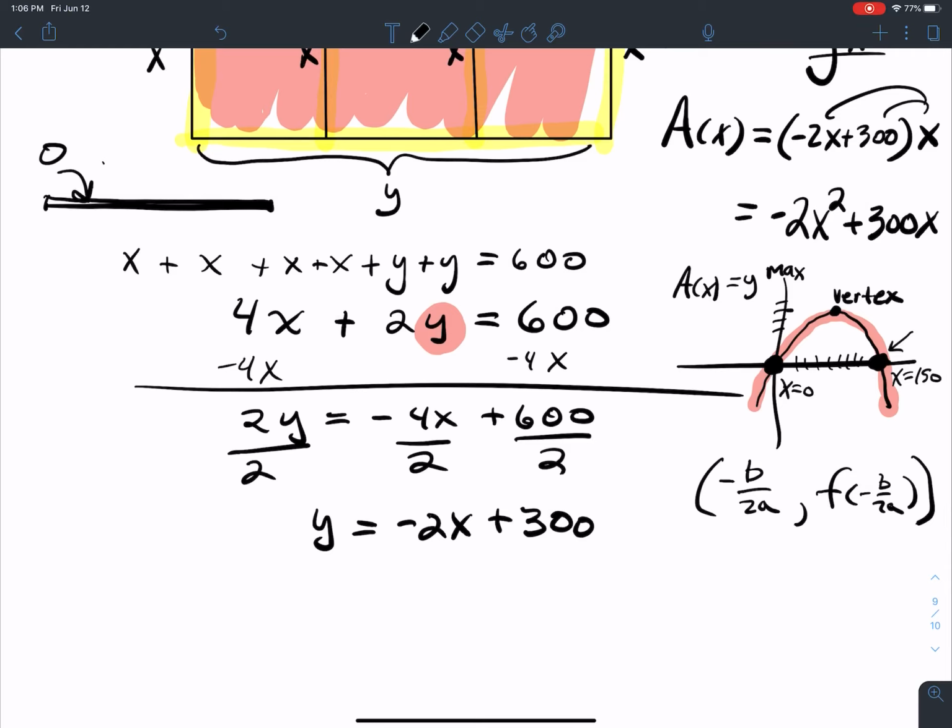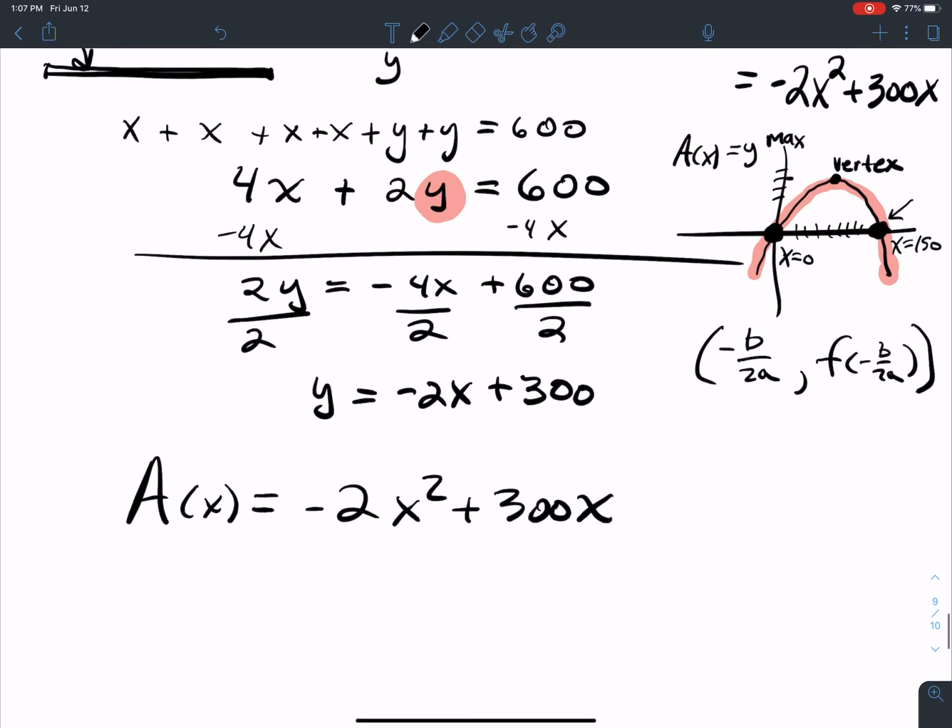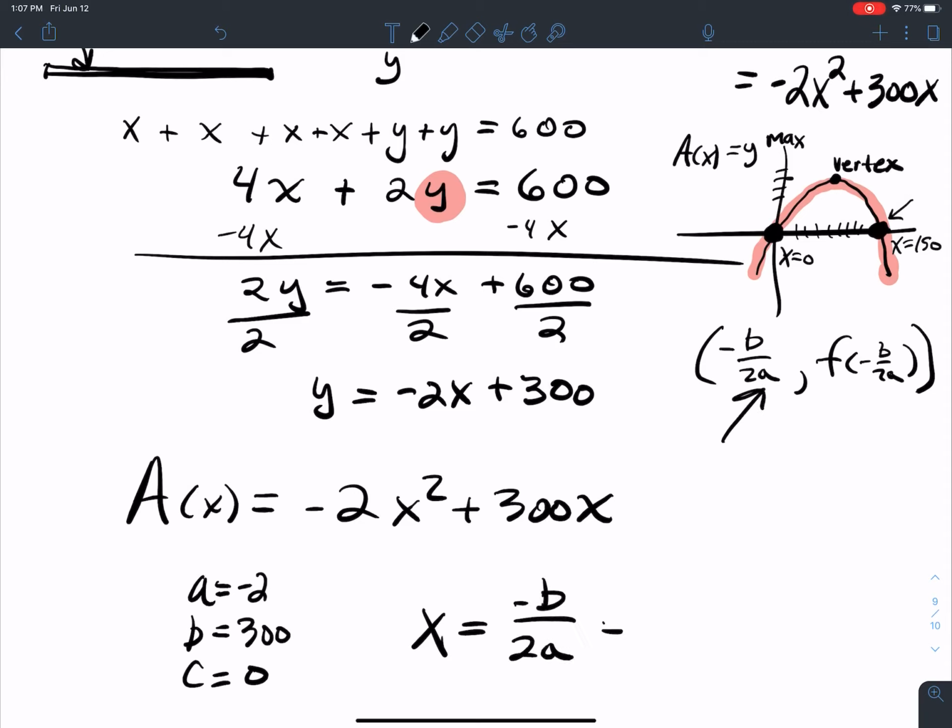My equation for area is A of X equals negative 2X squared plus 300X. So a is equal to negative 2, b is equal to 300, and c is equal to 0, but we don't even need that to get our X value. I do negative b over 2a, which is negative 300 over 2 times negative 2.